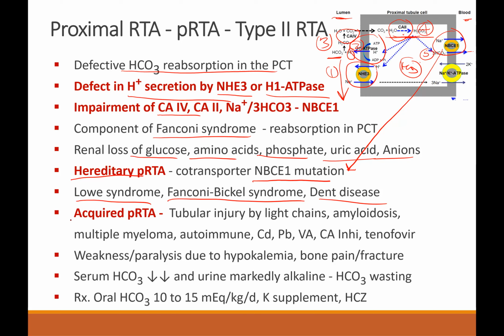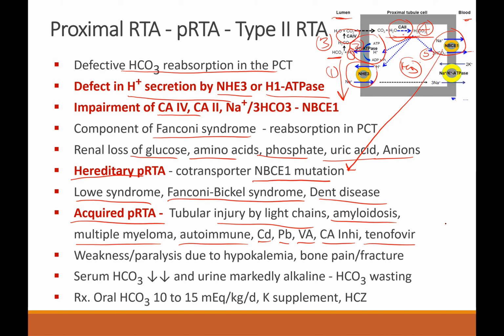Then there is what is called an acquired PRTA, acquired due to certain diseases of the body. Like injury by the light chains produced in the body, amyloid deposition in the kidney, multiple myeloma proteins, autoimmune reasons, cadmium, lead, valproic acid, carbonic anhydrase inhibitors, the antiviral tenofovir. All of them can damage one or more of these 5 mechanisms. What are they?